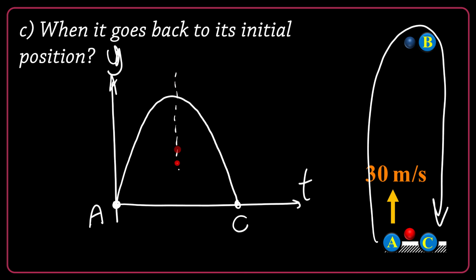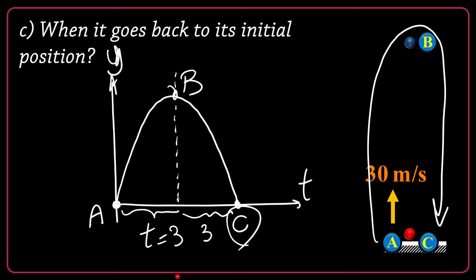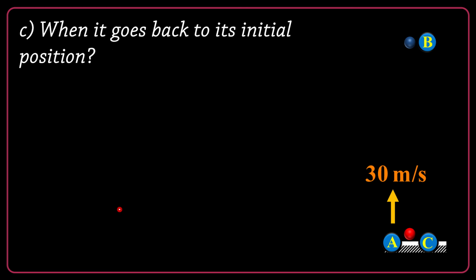So according to that symmetrical shape, the time from A to the peak point, which is B here, is 3 seconds. Normally, when it goes back, it takes the same time, as the mathematical properties of the parabola imply, so the time from B to C will be the same. The symmetry tells me that, again, I will have 3 seconds here. So totally, the time from A to C must be 6 seconds.